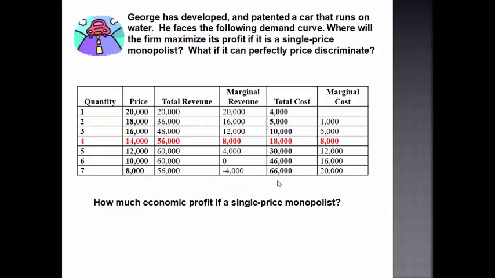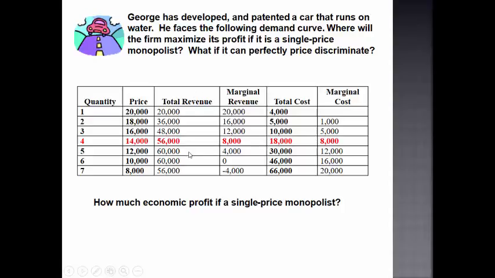Just for a refresher, you might want to ask yourself, what if George were a single price monopolist, charging everybody exactly the same price? In this case, George will actually only sell 4 cars, and everybody will pay $14,000. That's where the marginal revenue equals marginal cost.